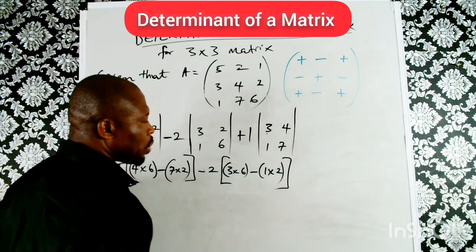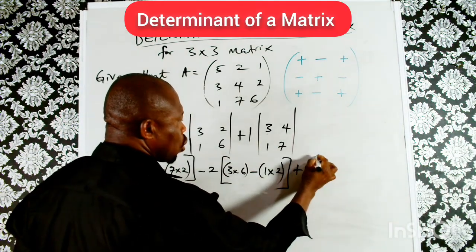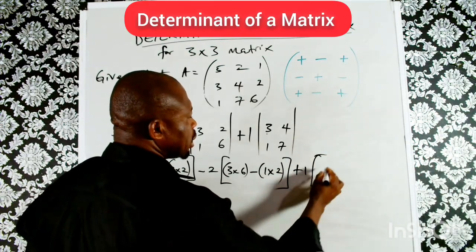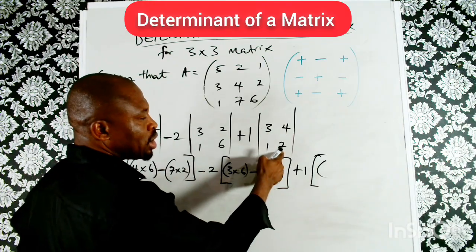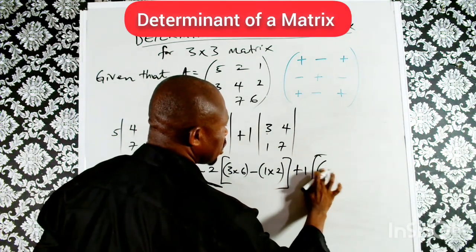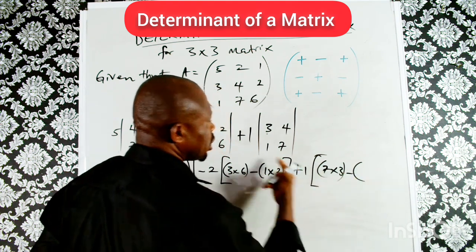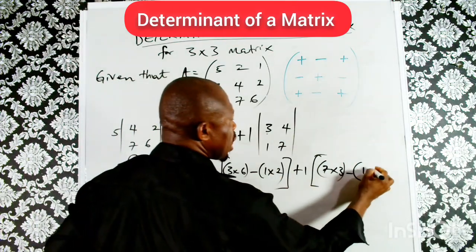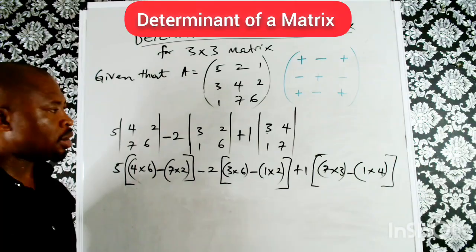You can close these brackets, plus 1. Open that bigger bracket, the smaller one, take the right diagonal, 7 times 3, minus the left diagonal, 1 times 4. You can close that bracket.